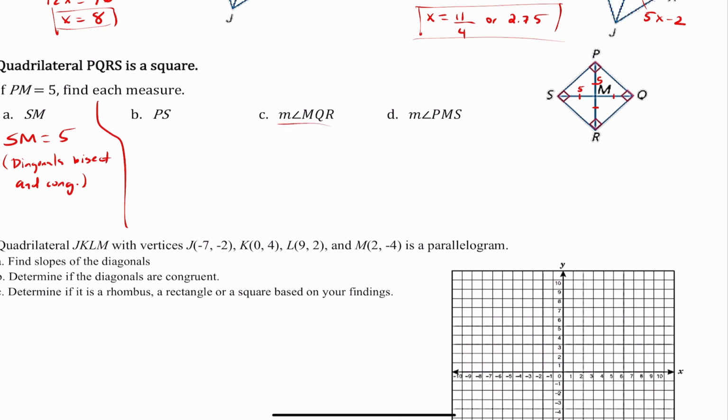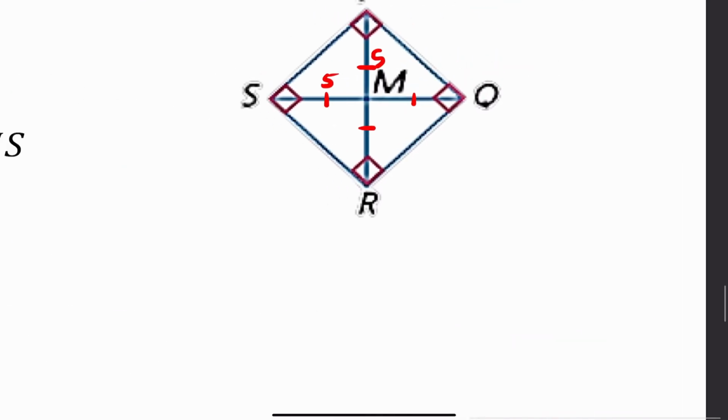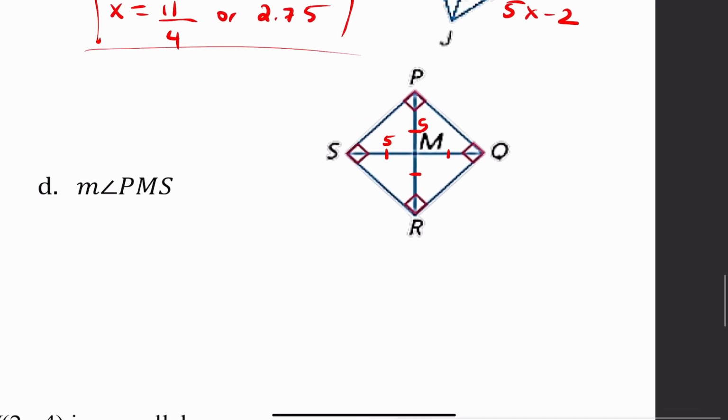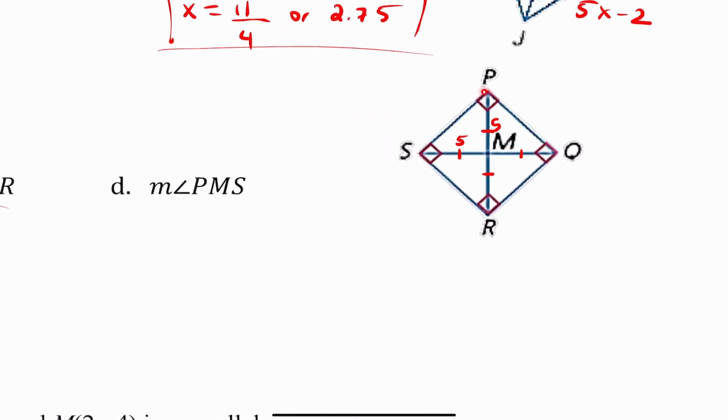So, measure angle MQR, okay? MQR. We have to know that all these angles are 90 degrees each, right? One of the properties for a square is that the diagonals bisect angles in half.